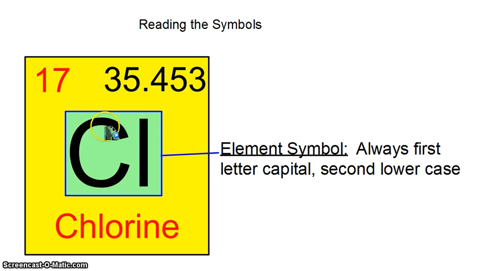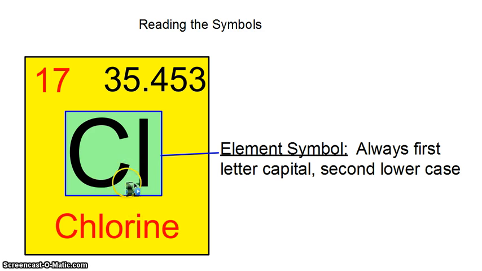I purposely picked chlorine because this is a common one where people think this says Ci, but if it was Ci, this second letter would be a lowercase i, and you would very clearly be able to see that it was an i, since it would have a dot on it. And this can't be an i, because then it would be an uppercase I. The second letter is always lowercase.